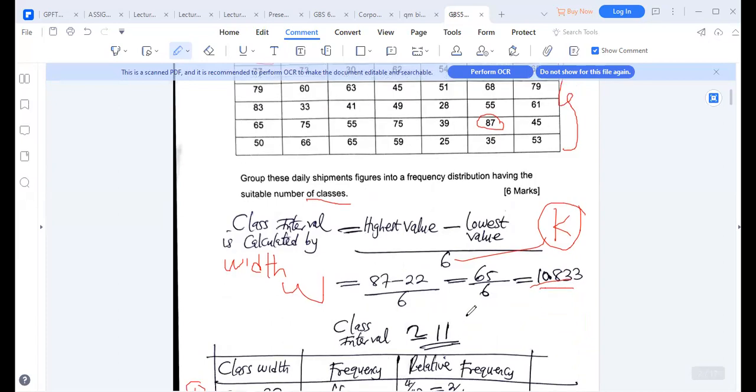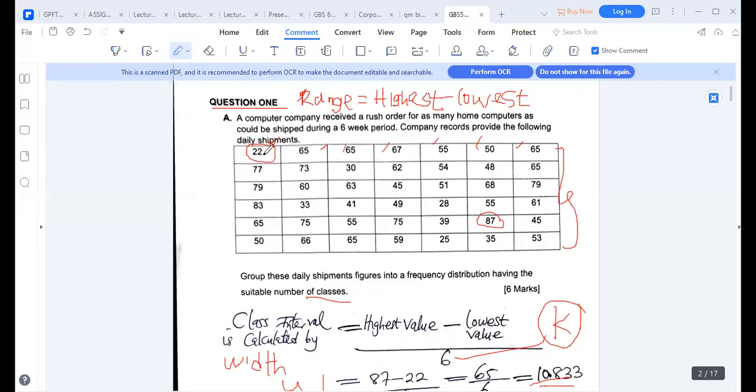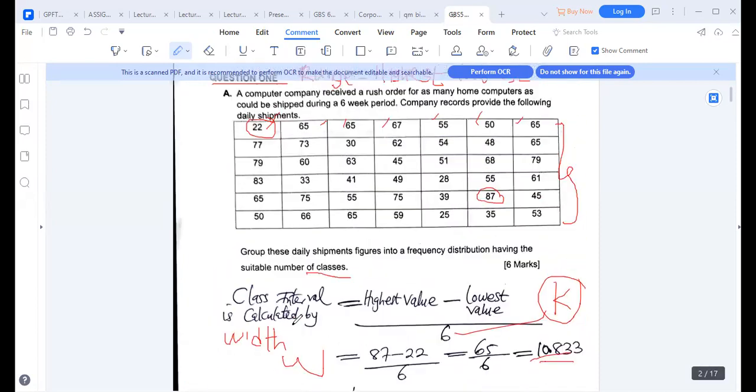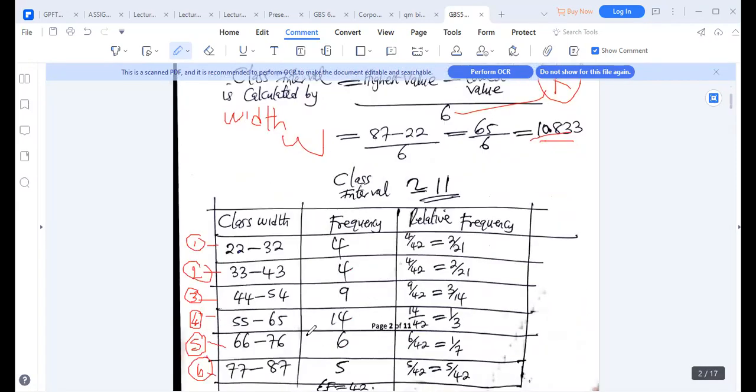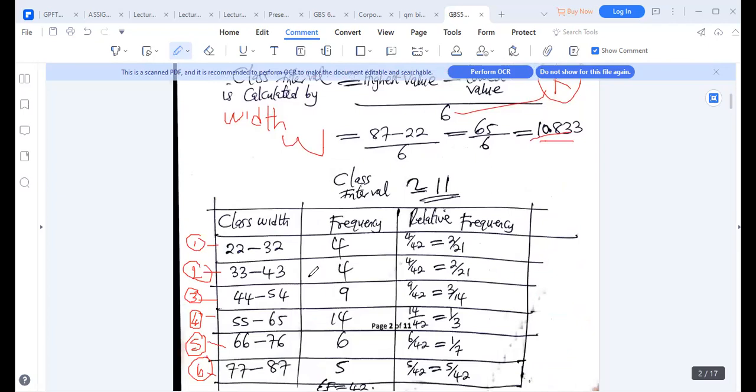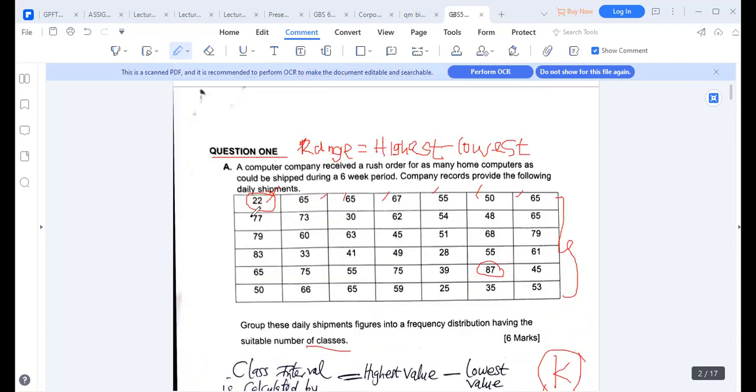So after finding 11, we start counting now, starting from 22. 22 itself included, then getting to 11 numbers. So it ended on 32 because 22 was included. Then 33 to 43 because 33 was included. 44 to 54. We start counting now physically how many numbers are here between 22 and 32. So 22 and 32, counting them physically.